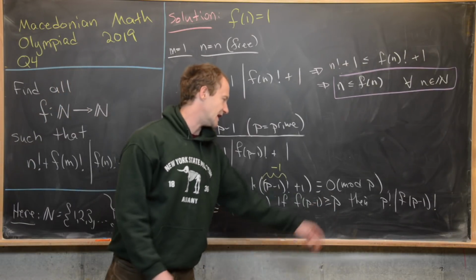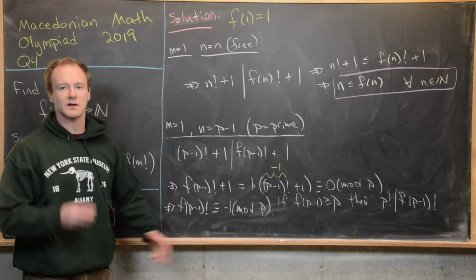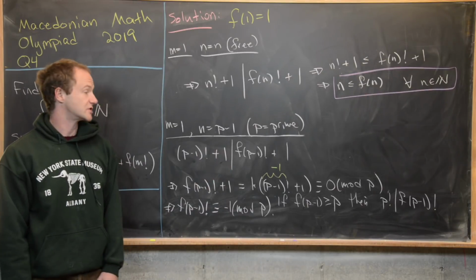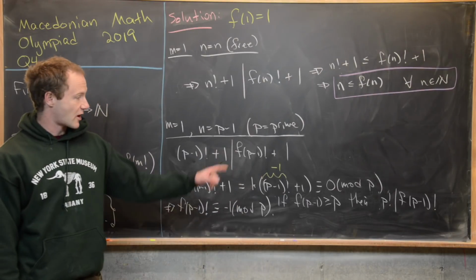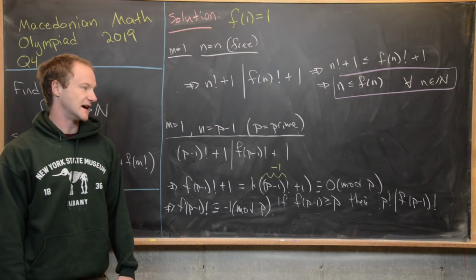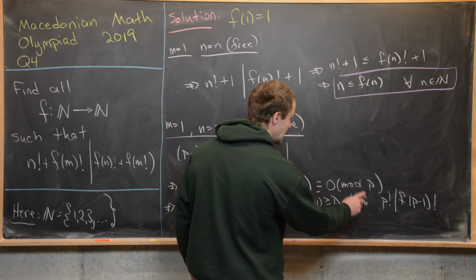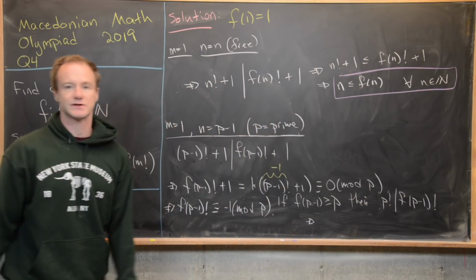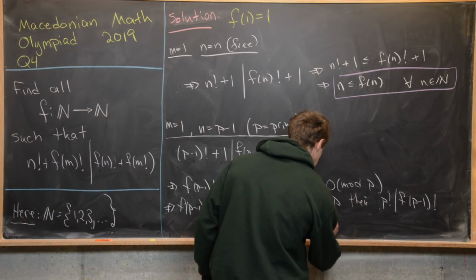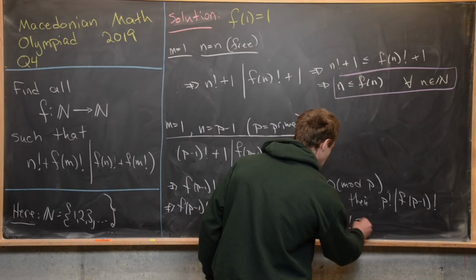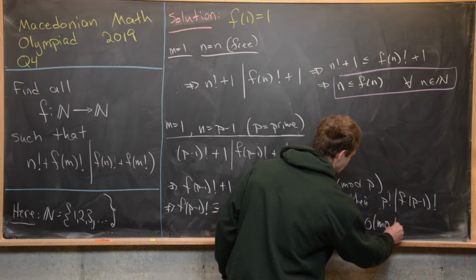So anytime you've got an inequality like that, you factorial it, you get this nice divisibility relationship. But now, since p is a prime and p factorial divides f of p minus 1 factorial, that tells us that p divides f of p minus 1 factorial. In other words, f of p minus 1 factorial is congruent to 0 mod p.